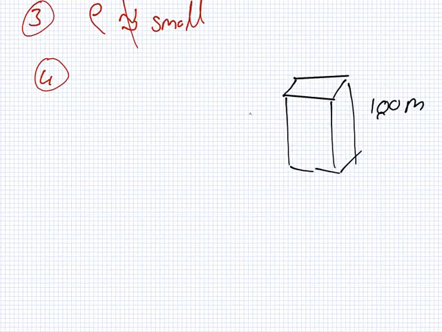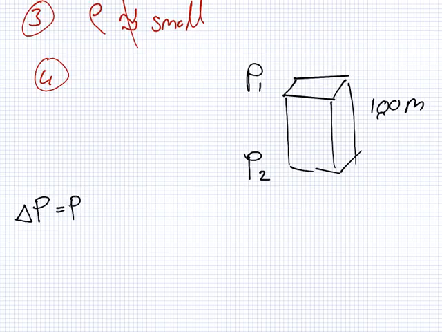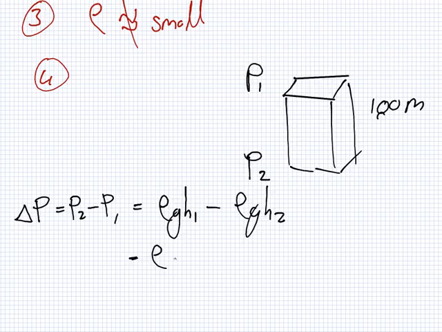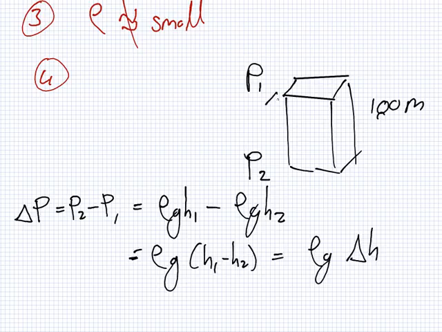So I want to know which pressure will be bigger, P1 or P2? Yeah, P2. So I want to know the difference in the pressure, which will be P2 minus P1, which will be rho G H1 minus rho G H2, which will be rho G (H1 minus H2), which is rho G delta H. In other words, if this is H1 and this is H2, the difference is the height of the building.